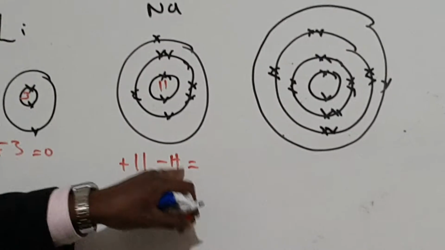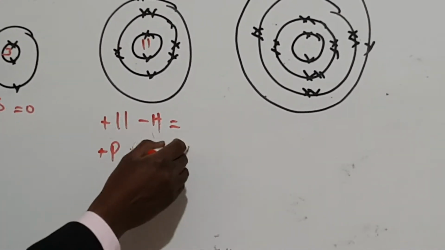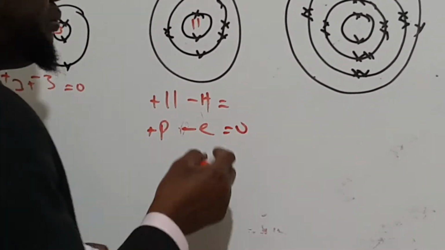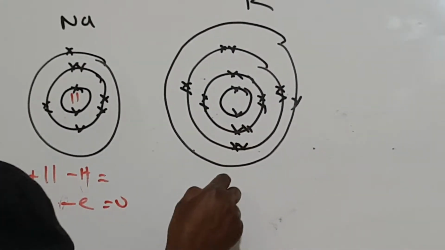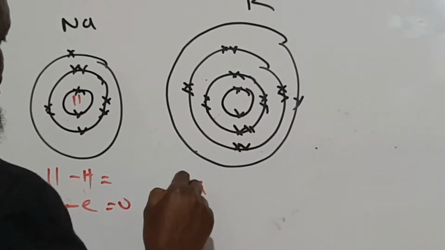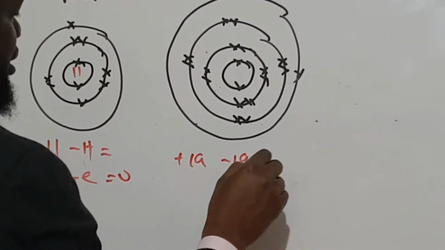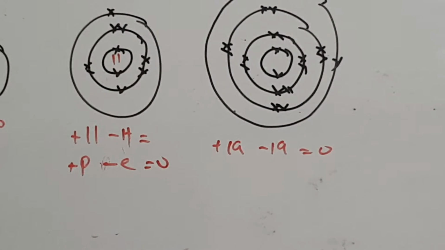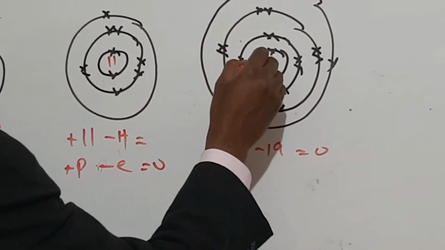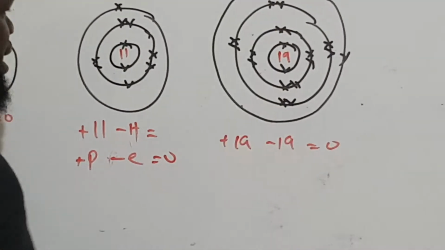Electrons are negatively charged and there are 11 of them. So the charge will be 0. Now look at potassium. Potassium is 2, 8, 8, 1. 19 plus, 19 minus, so 0. Now, there will be 19 protons here.